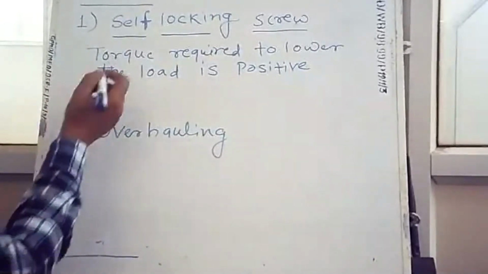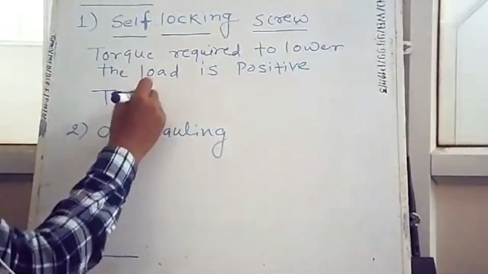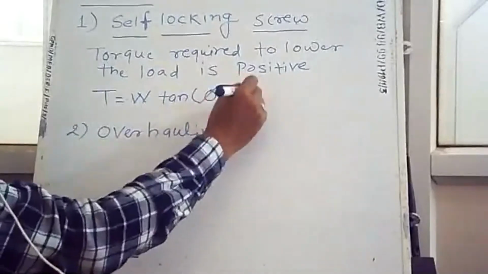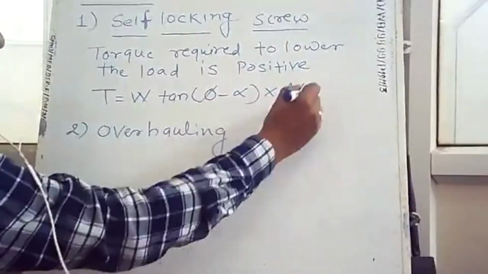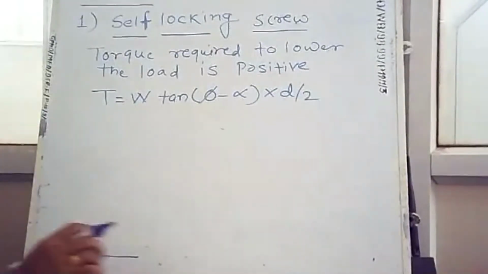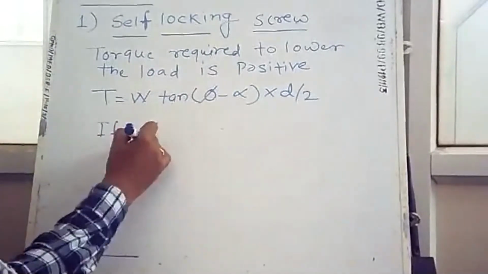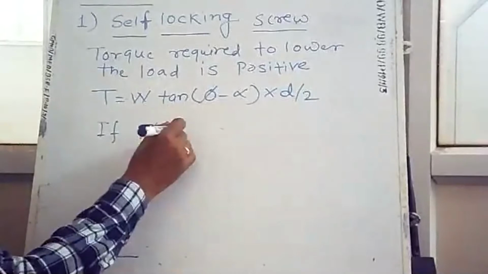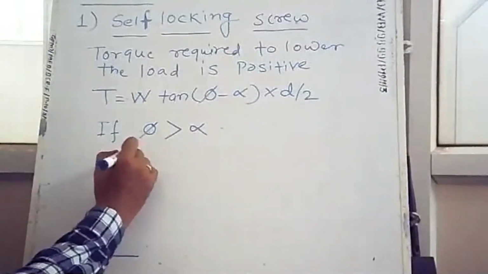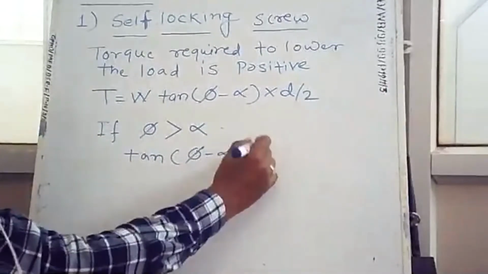So the torque required to lower the load is T equal to W tan of phi minus alpha into d by 2. In this formula, if phi is greater than alpha, then only tan of phi minus alpha is positive.